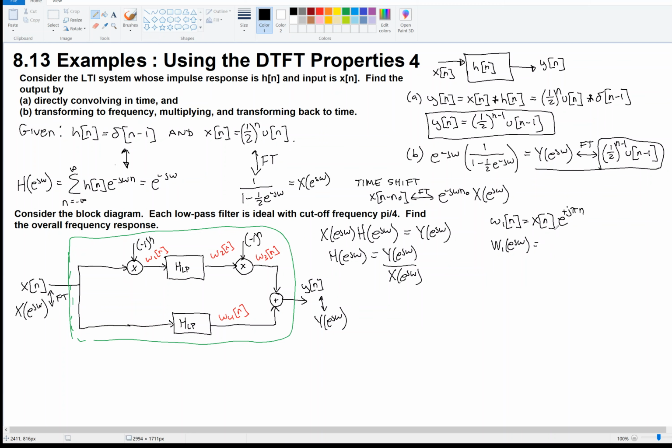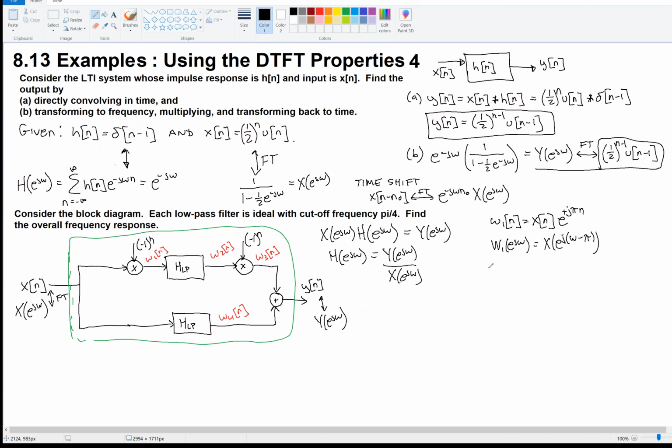Multiplying by a phasor in time has the effect of shifting the spectrum of X. That is the frequency shift property. So that's the W1 spectrum right there. It's just X's spectrum shifted up by pi. That's interesting.